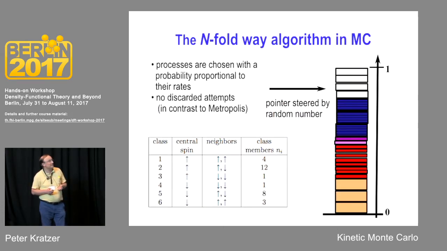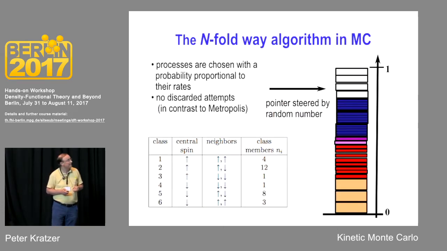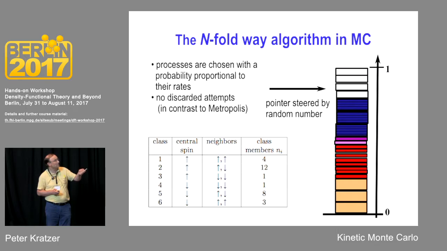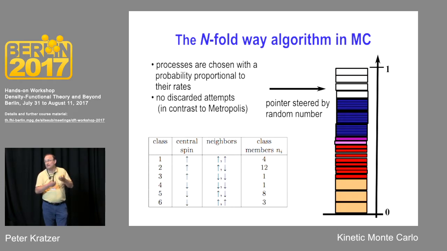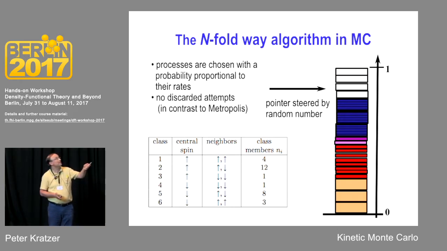And this is the basic idea of the n-fold way. You make a list of all these classes and how frequently they occur. So 4 times is class 1, 12 times class 2, and 1 time this, 1 time that, and so on. And you sum up and normalize everything to 1. And now you draw a random number. The random number steers a pointer and selects one of these moves.